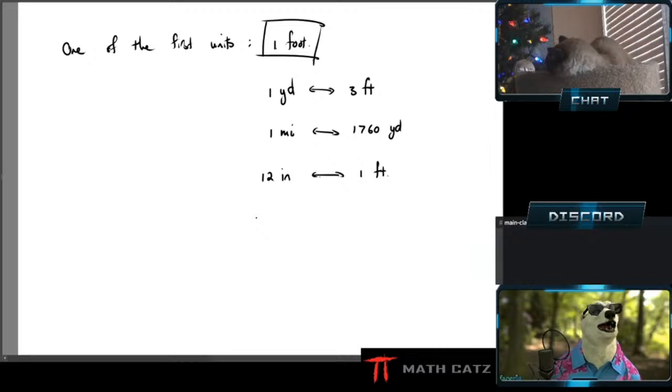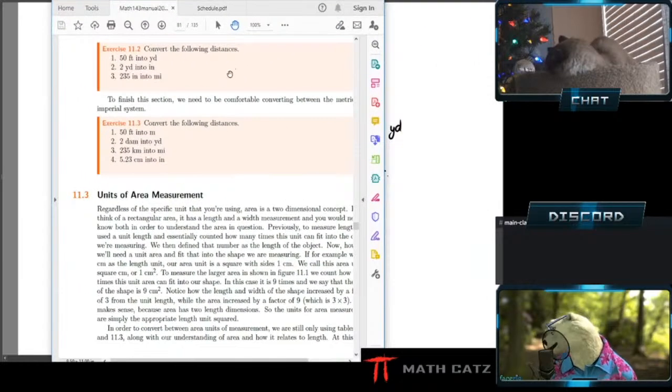So if we now look at exercise, I'm going to do it a little backwards compared to the book. Exercise 11.2. I'm going to do that one first.